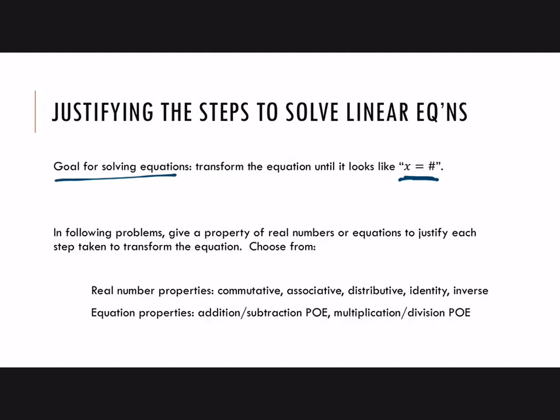You can choose from the real number properties: commutative, associative, distributive, identity, inverse, and we don't use the closure property for solving equations, so that's not listed here. And then we have the properties for equations: addition, subtraction, multiplication, division, properties of equality. So these are the ones that let you do things to both sides of the equation.